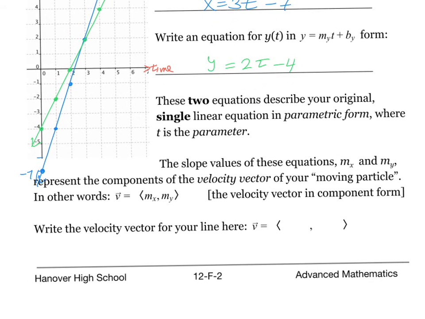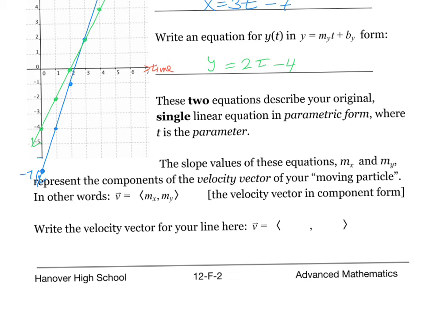What a weird concept. The slopes of the equations here represent the velocity vector. This is the rate of change of the x coordinate and the rate of change of the y coordinate. These are what's known as the components of the velocity vector of the moving particle.